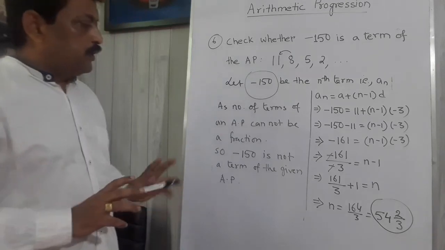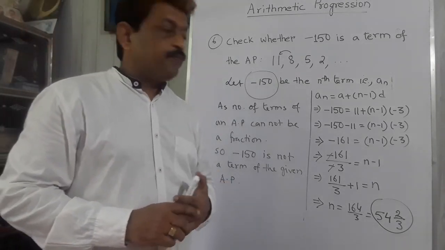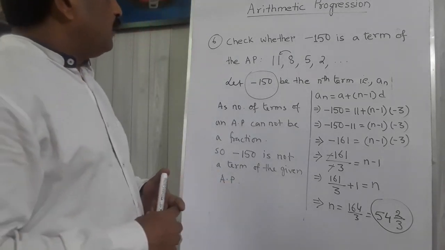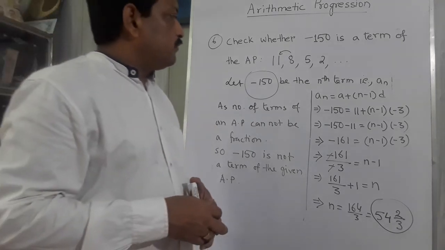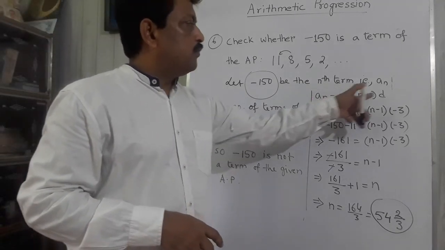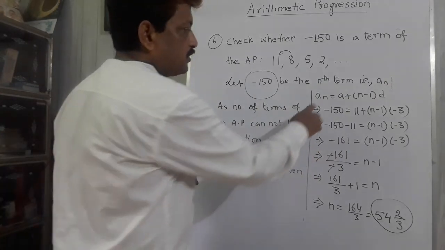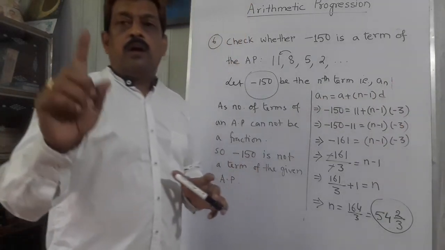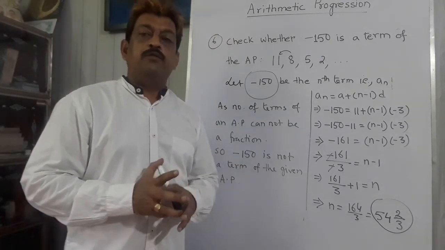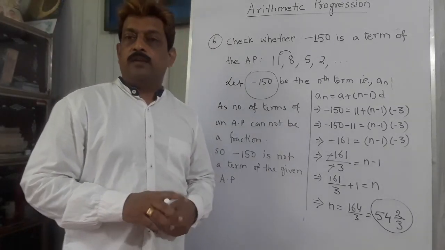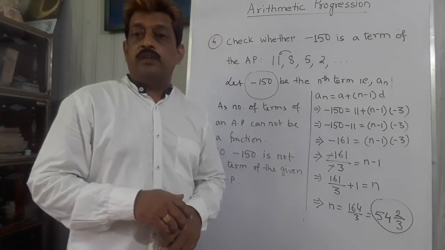So hope you have understood how to solve this type of sum, where out of the 4 variables, 3 variables are given, and only the 4th one we have to calculate using the formula. Understood? So that is all for today.